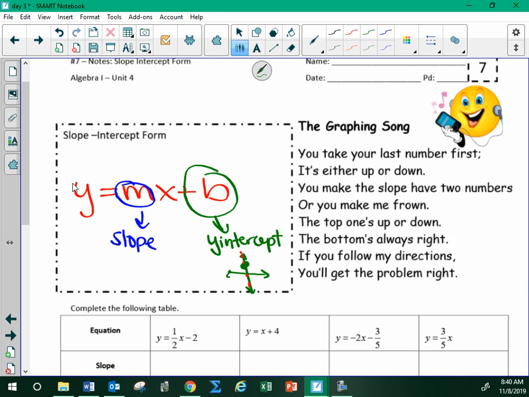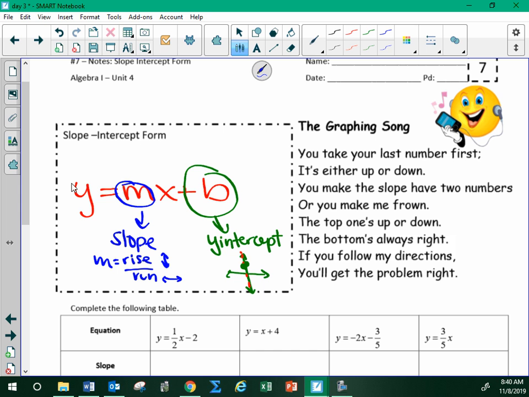Now just a reminder, as we were refreshing our memories when we went over the homework, our slope is rise over run. Rise, we're talking about going up or down. Run, we're talking about going left or right. So what we're going to do, we'll look at the song to guide us, is we're going to take our y-intercept and graph that first.